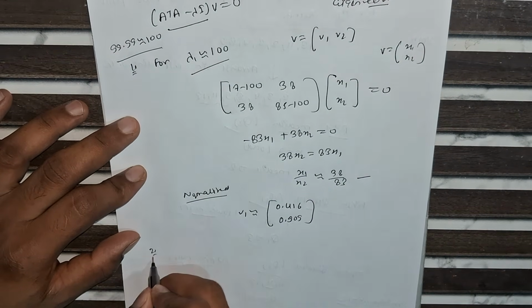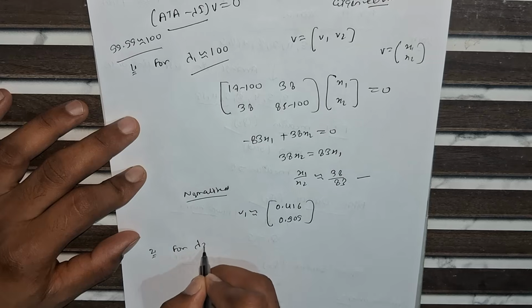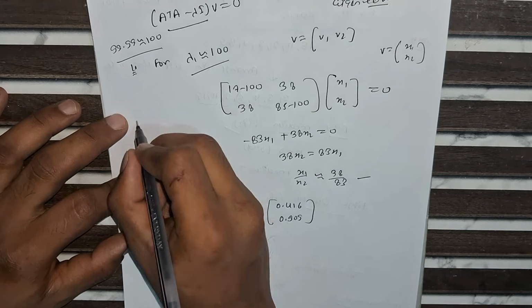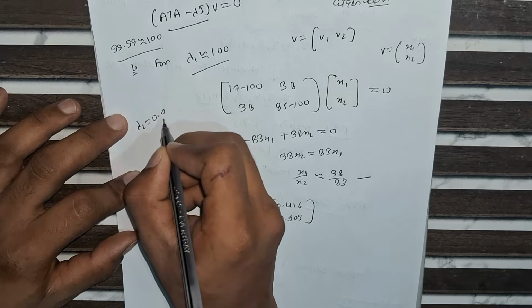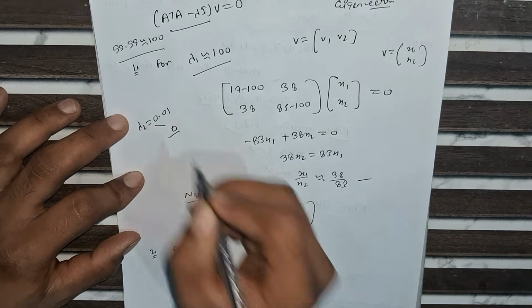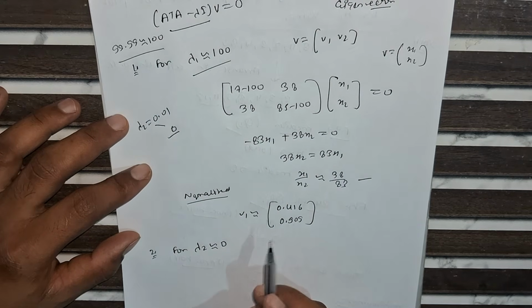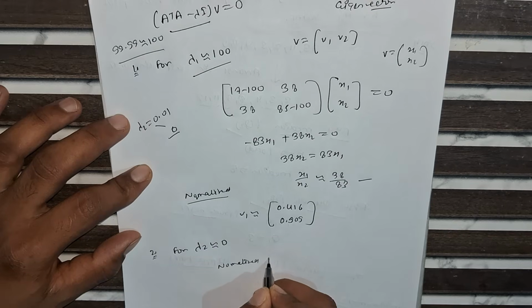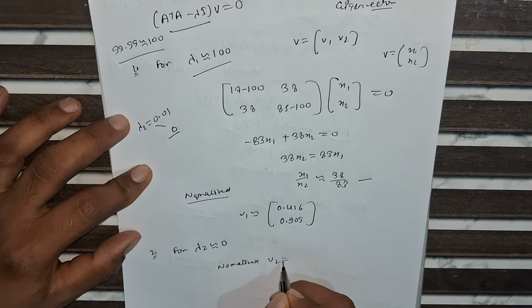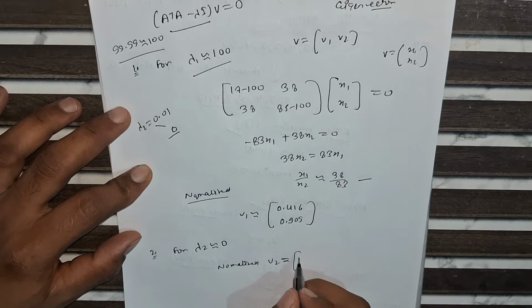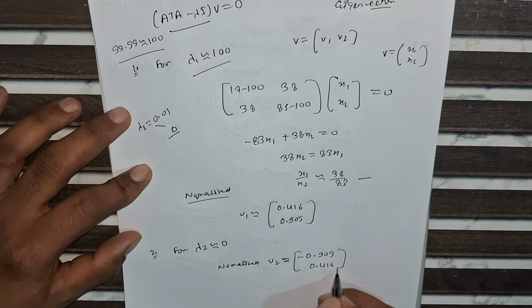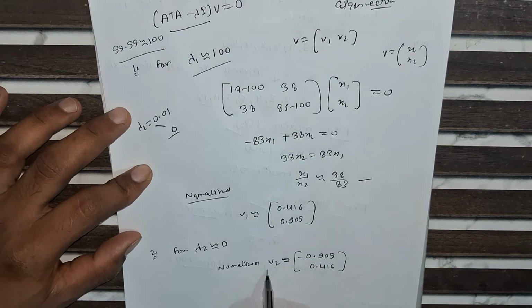Now we are finding for lambda 2, which is nearly equal to 0, because our lambda 2 is 0.01. That's why we consider this one as 0. So follow the same process to get the V2. So normalize V2, which is nearly equal to minus 0.909 and 0.416. Follow the same step to get the value of V2.